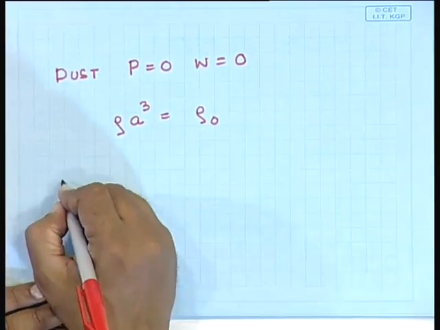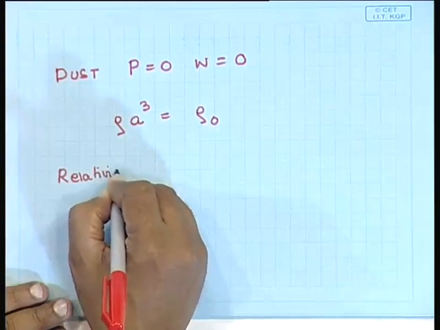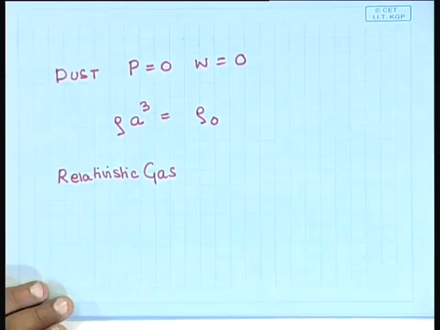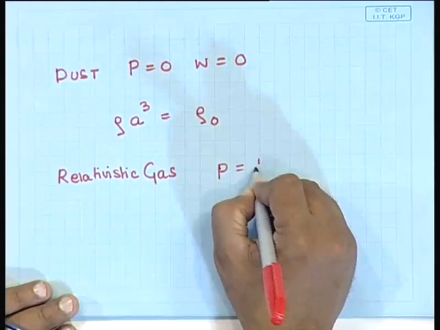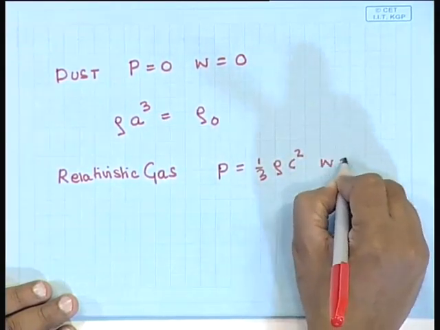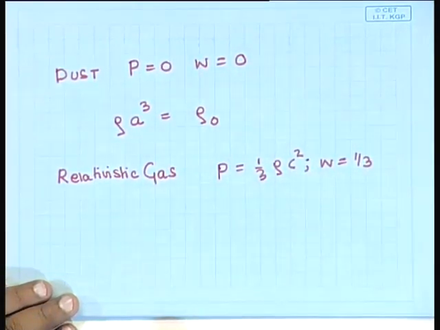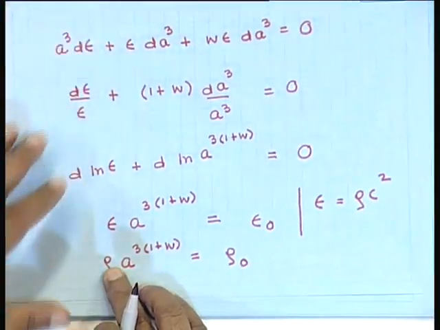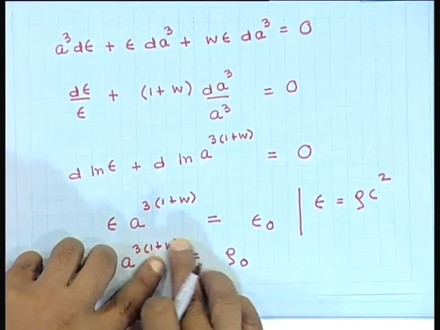Let us next take up a relativistic gas. For a relativistic gas, we have pressure equal to 1/3 rho c square, or W equal to 1/3, which tells us that 1 plus W is 4/3.